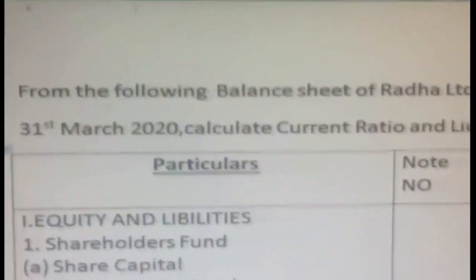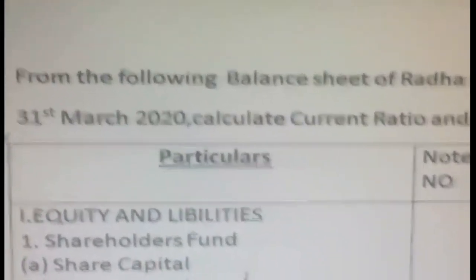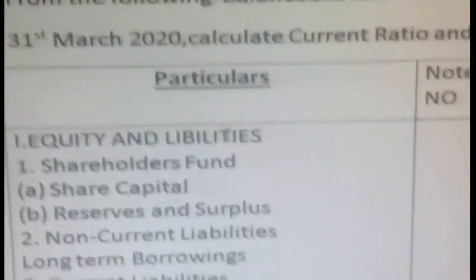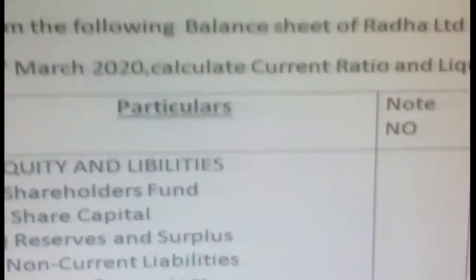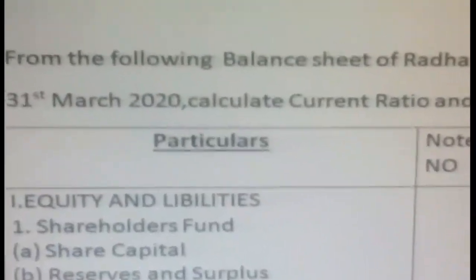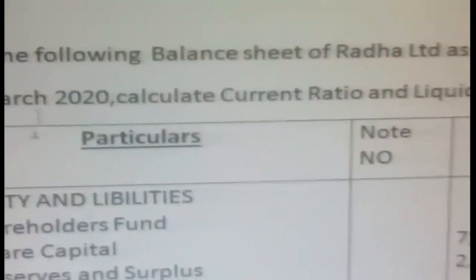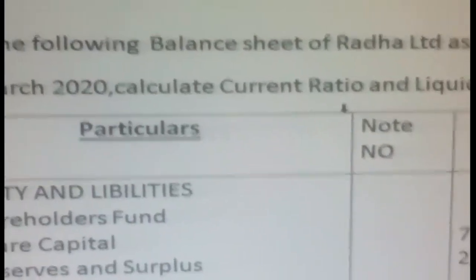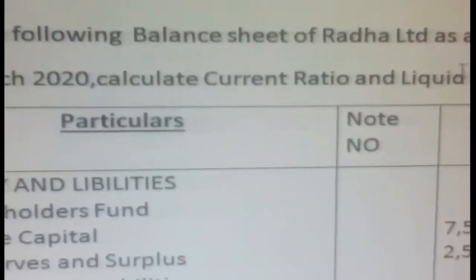Now see one example about accounting ratio. From the following balance sheet of Radha Limited as at 31st March 2020, calculate current ratio and liquid ratio.